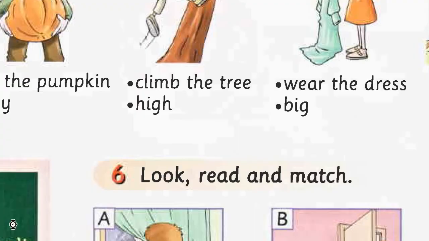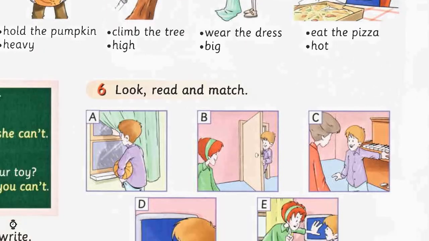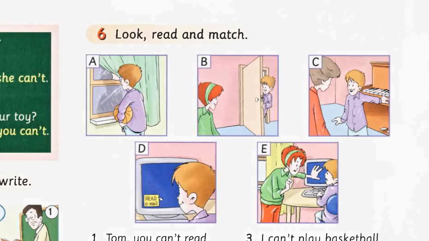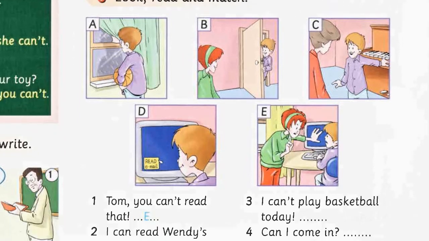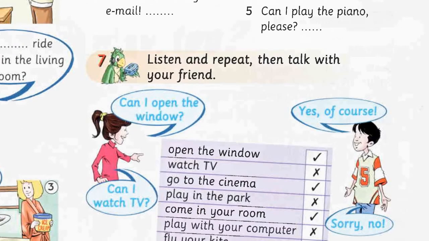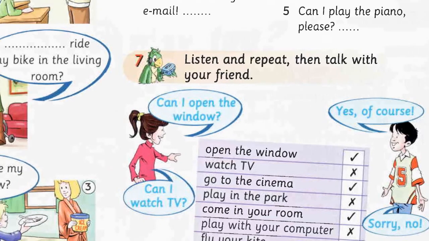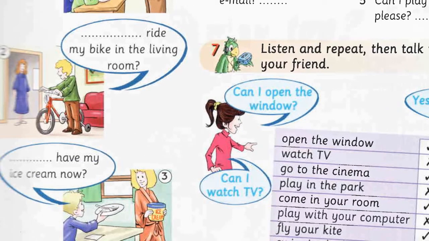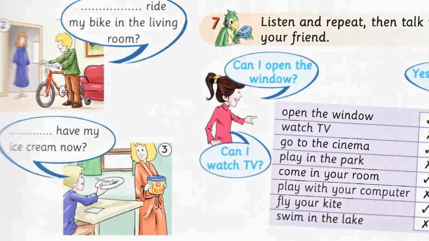And the other exercise that we completed was exercise number 6. Again, it was about can and matching the sentences to the pictures. Just remember the form of sentence that we need to know when we use can.